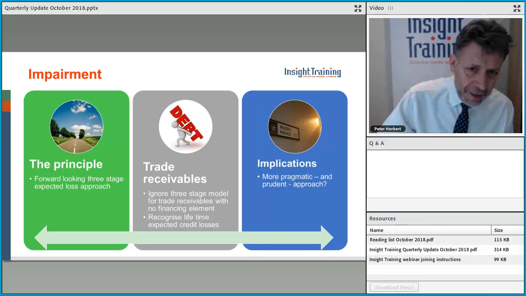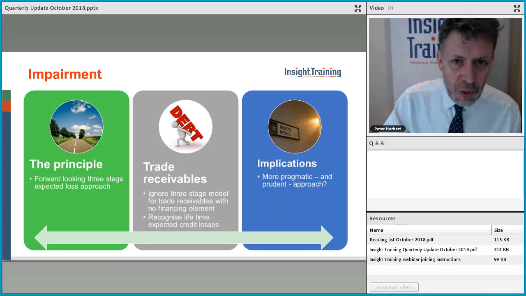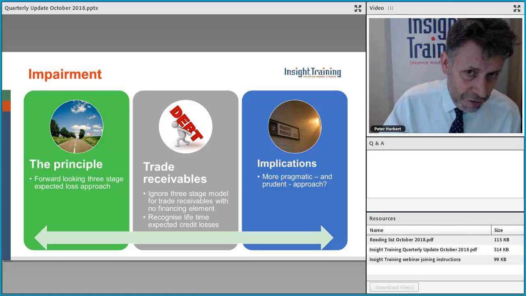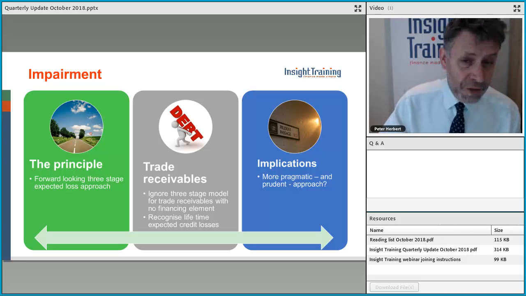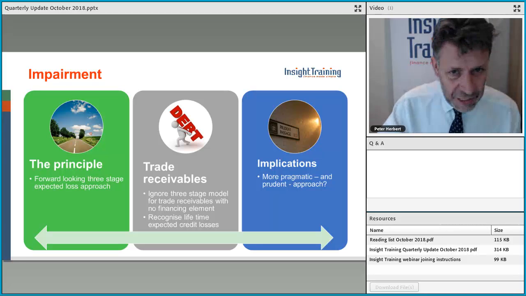On to impairment. You may be aware that under IFRS 9 there's a new model to reflect impairment of loan receivables. Very much an issue, I think, for banks. It's referred to as the three-bucket approach. In essence, what it does is move us away from the current incurred loss approach and push on to what we call an expected loss approach.